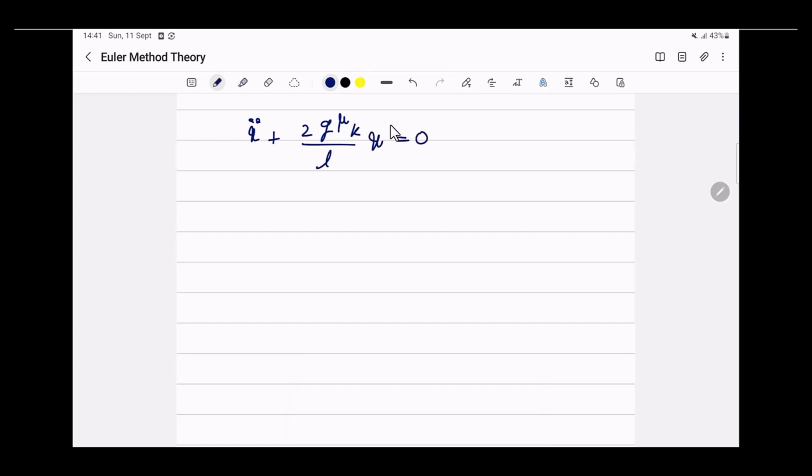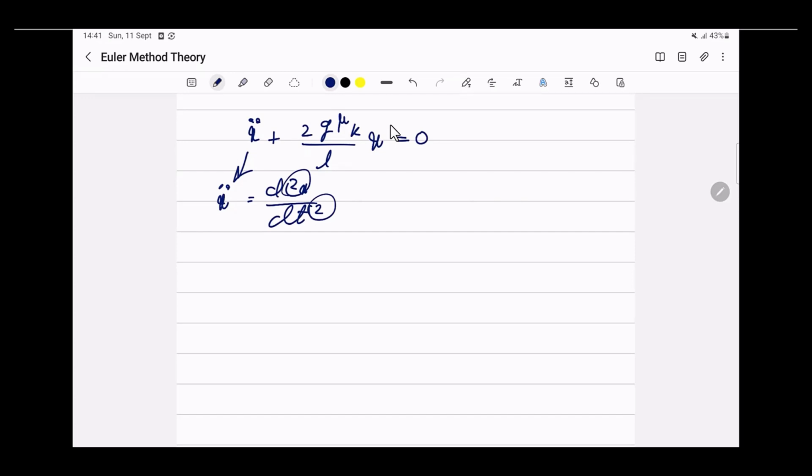Now, this is the equation. So this is called a second order differential equation. It's a different territory, so to speak. Now, why is that? It's because x double dot, which is the second derivative of x with respect to t, is second order. It's like taking derivatives 2 times.